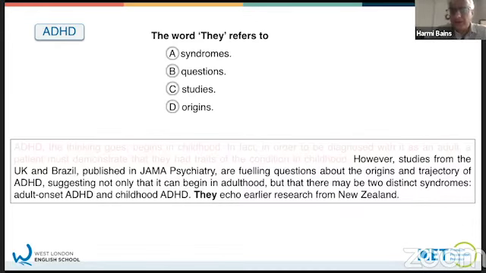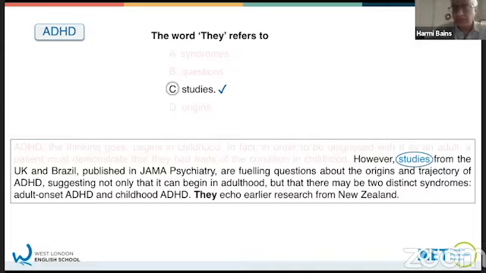When you look at the four answer options, there's really only one word which fits into that sentence. And you can see here in the sentence before, they refer to studies, and that's really what they were talking about. So to get the answer there, what we've had to do is go back to the sentence before.